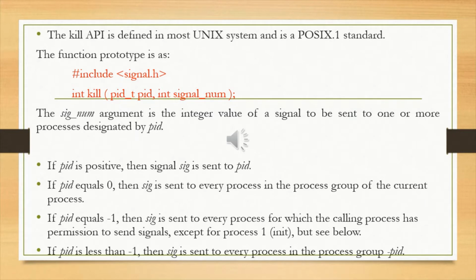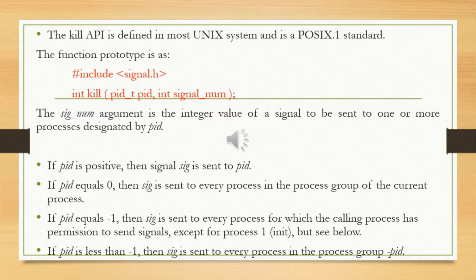The function prototype of the kill function or kill API includes the signal.h header file and is written in the form of an integer type with two parameters: one is PID, one is the signal number. The signal number argument is the integer value of the signal to be sent to one or more processes designated by the PID, nothing but process ID.